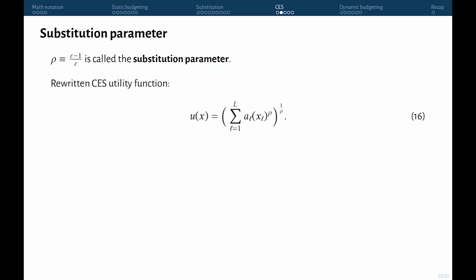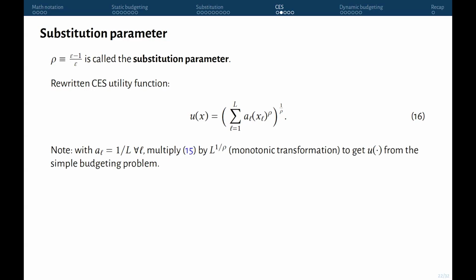one helpful transformation is to define something called the substitution parameter. That's typically written rho. It's just the elasticity of substitution minus 1 over the elasticity of substitution. All right, so we can just rewrite our CES utility function like that.